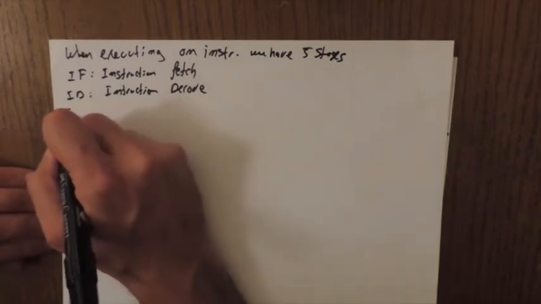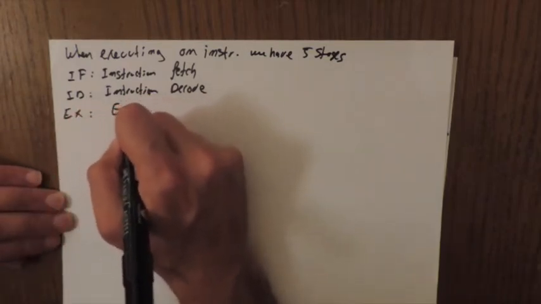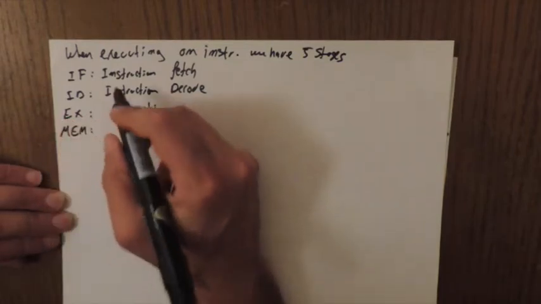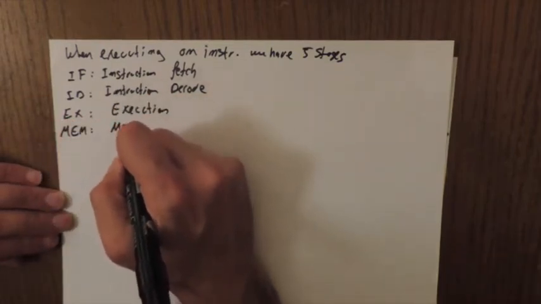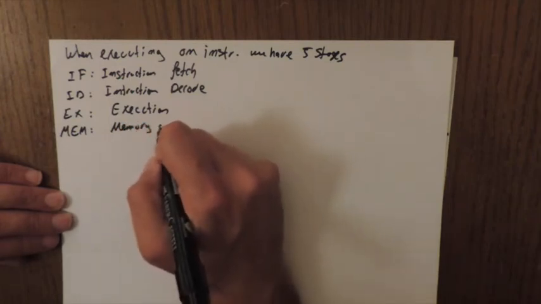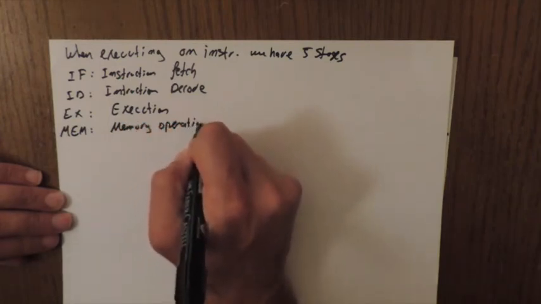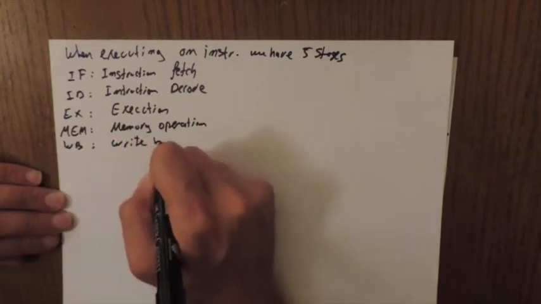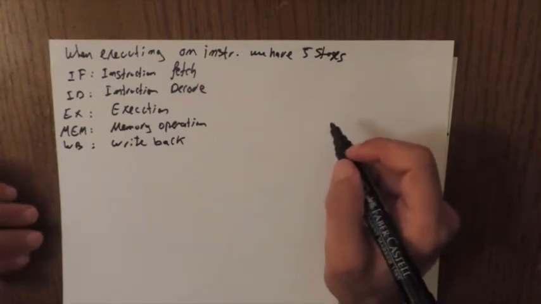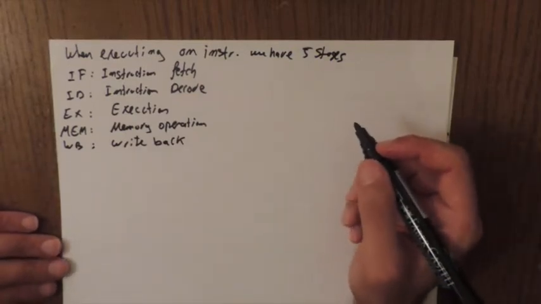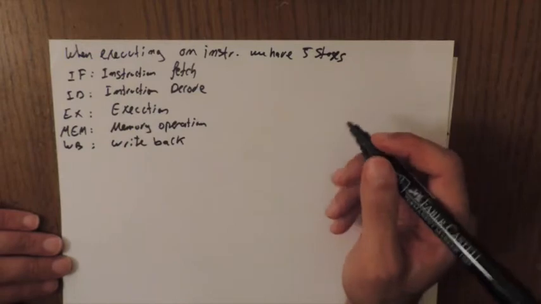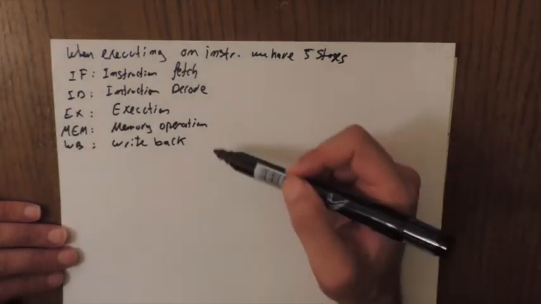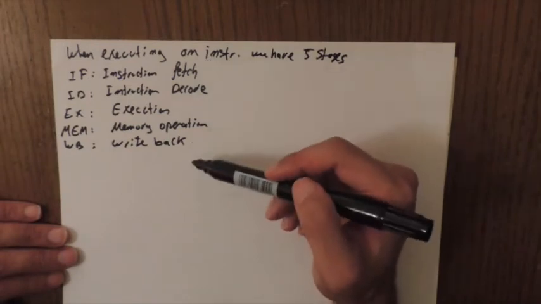I have execute, which is the execution of this instruction, memory operations, and write back, which is writing back the result to the register file in case of an R format or probably a load. So typically here I have 5 different stages.